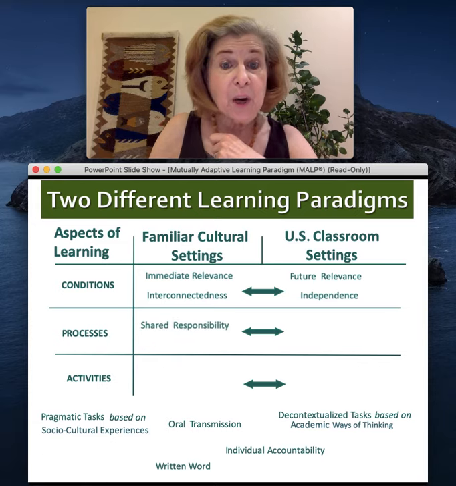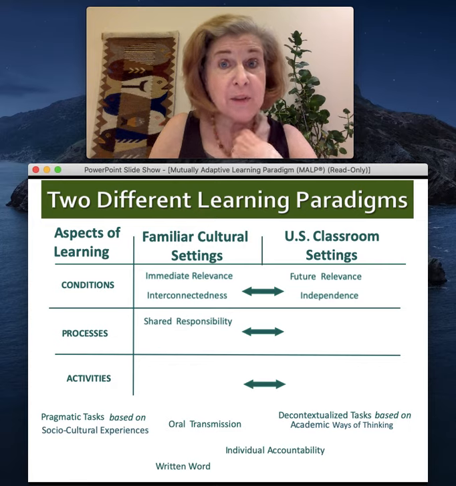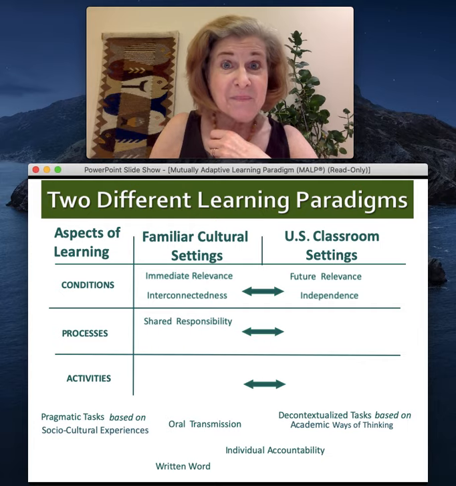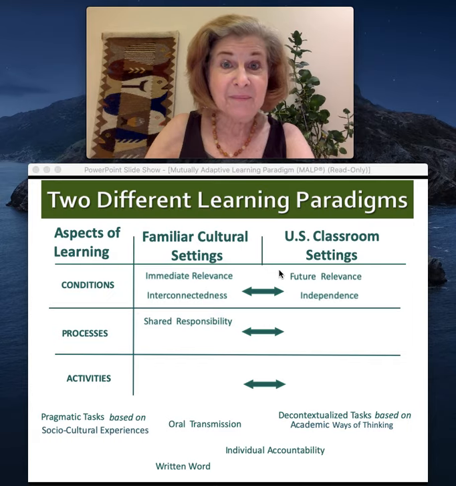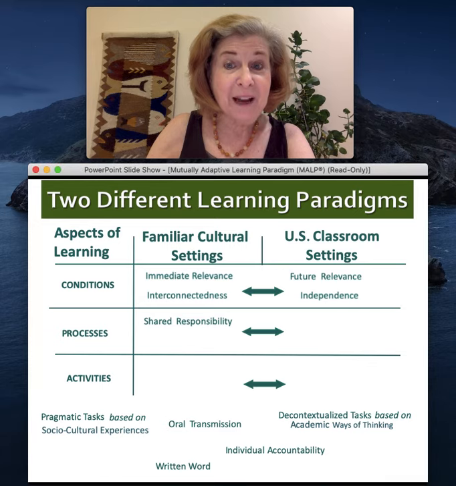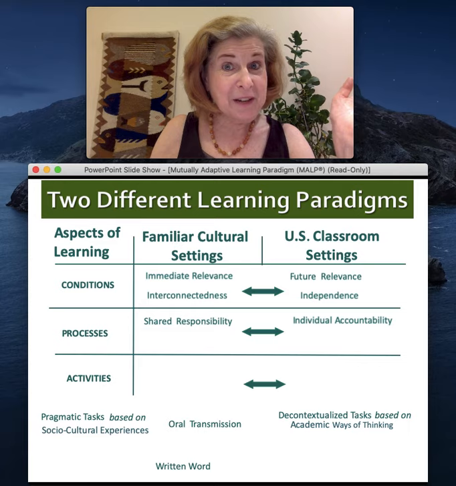Now let's look at the processes. Sharing of responsibility, right? Working together toward a goal. Yes, that's what they prefer. That's their orientation. Then we have the next item, which is individual accountability.